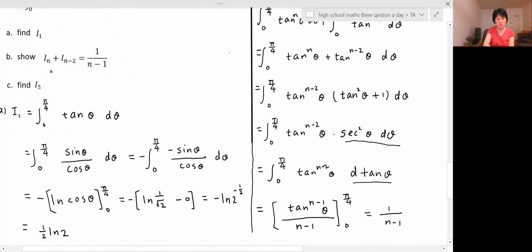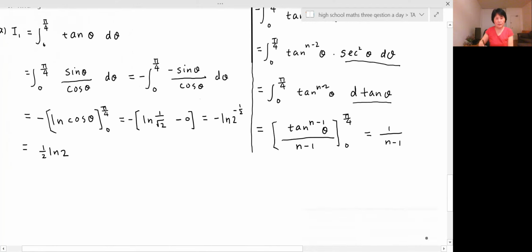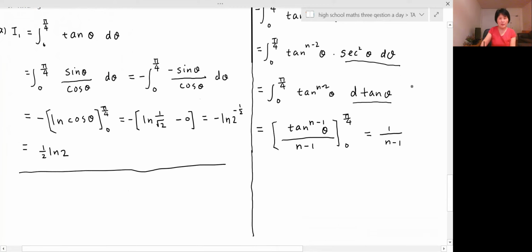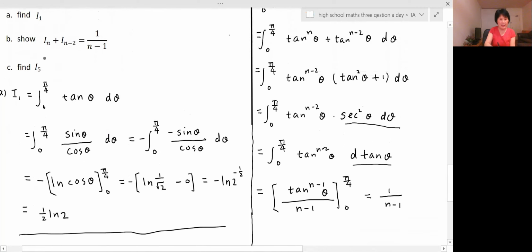So what was asked to show, I already showed. So now do the C. Okay, so far I already showed. So I already have this one, In plus In minus 2.